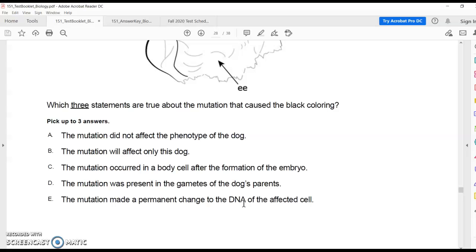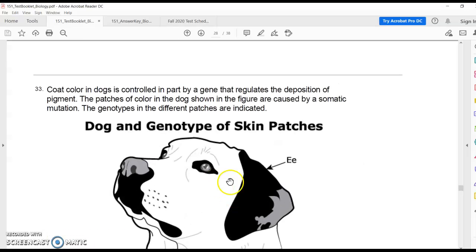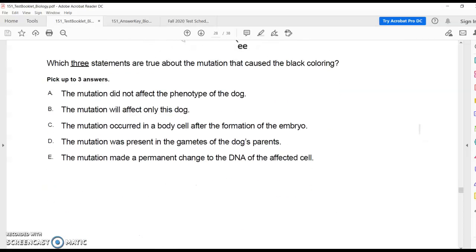Now, the reason it's B, C, E is if we look back up in the reading here, it says that the patches of color in the dog shown are caused by a somatic mutation. And remember, somatic cells are bodily cells. So the mutation does not occur in a gamete that can be passed on to offspring, then it happened in one of his bodily cells after fertilization. And so B, it will only affect this dog.